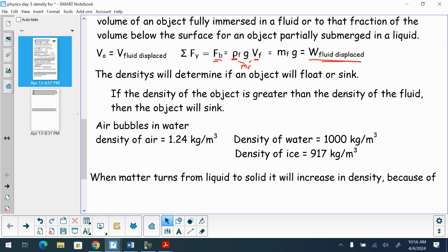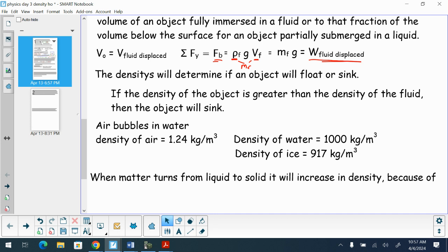Ice has a density of 917. Density of water is 1,000 kilograms per meter cubed. What do ice cubes in a glass of water do? They float. Or not ice cubes, icebergs float.